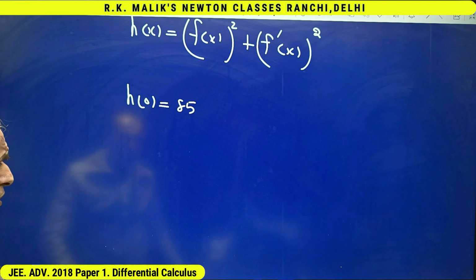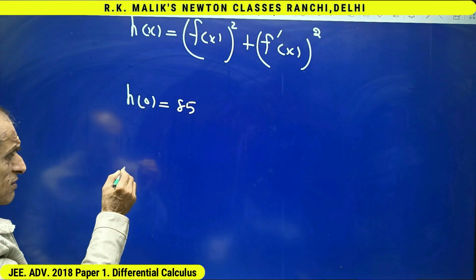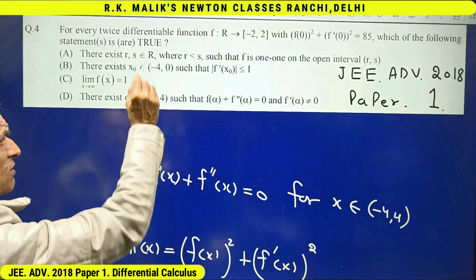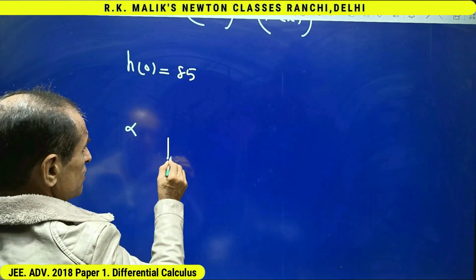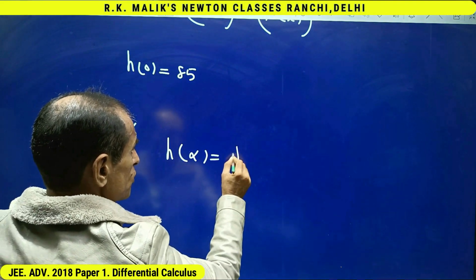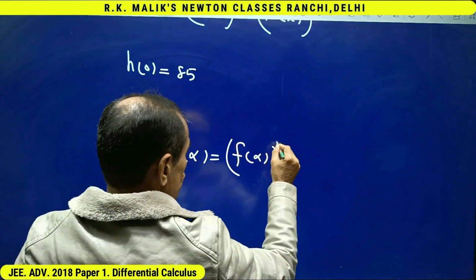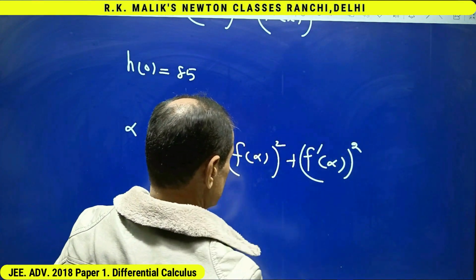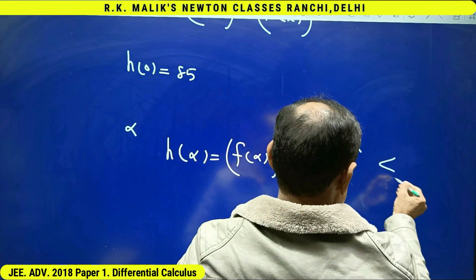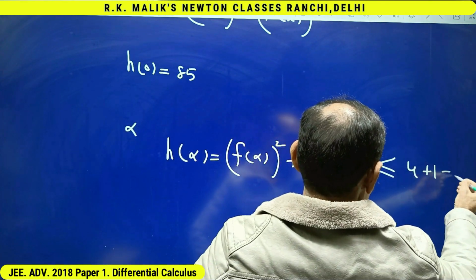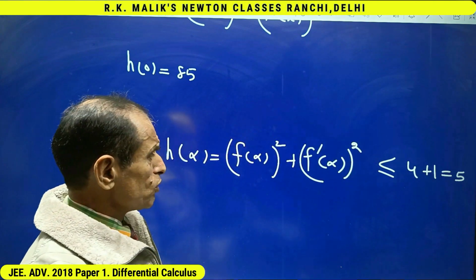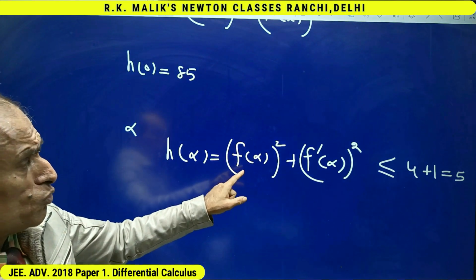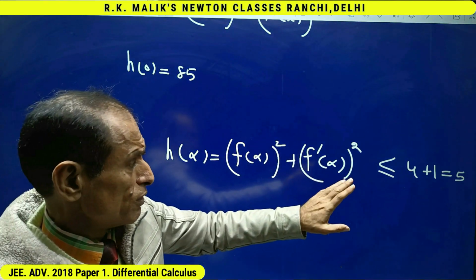Hence, I can say there exists a number alpha in this interval such that h alpha, which is equal to f alpha whole square plus f dash alpha whole square, the value of this will be less than or equal to 4 plus 1, that is 5, because the value of f alpha is sure to be lying between -2 and 2. Hence the maximum value of this can be 4.